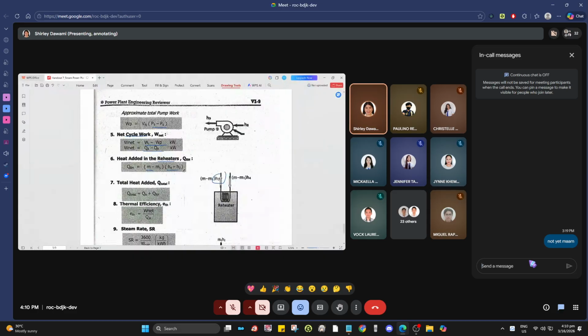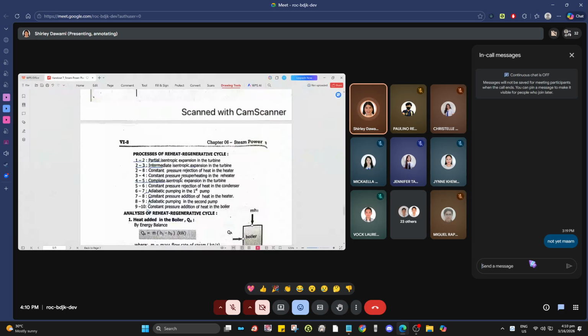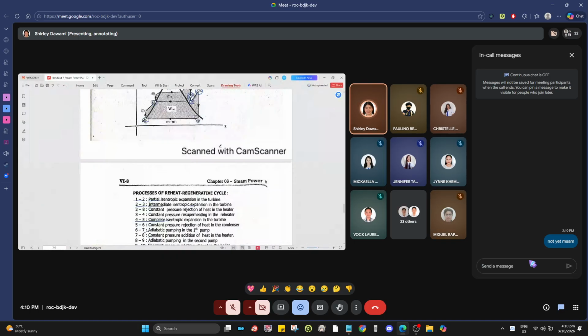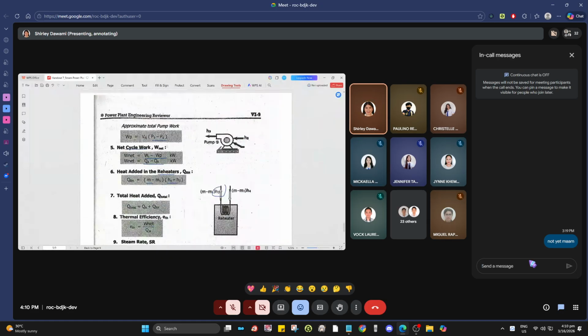H3 is what enters the resuperheating process. So H4 minus H3. So the formula is correct.